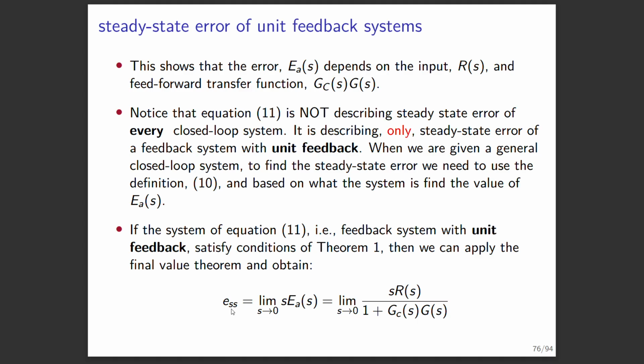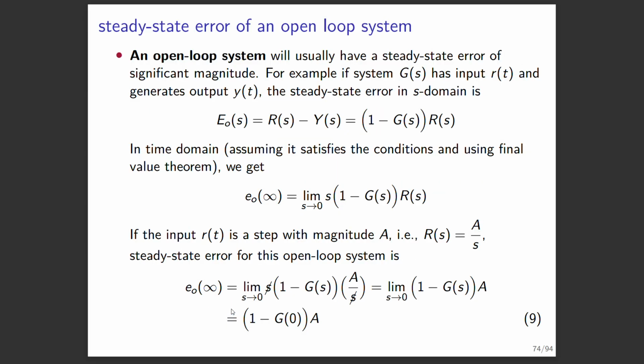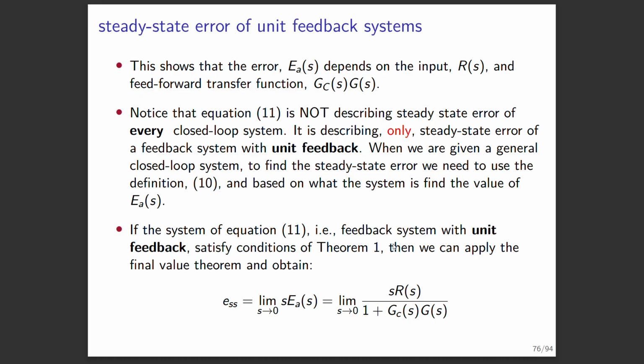All right, previously, if you remember, for open loop systems we found the steady-state error for the input which is a step with magnitude capital A. Let's do the same thing here.